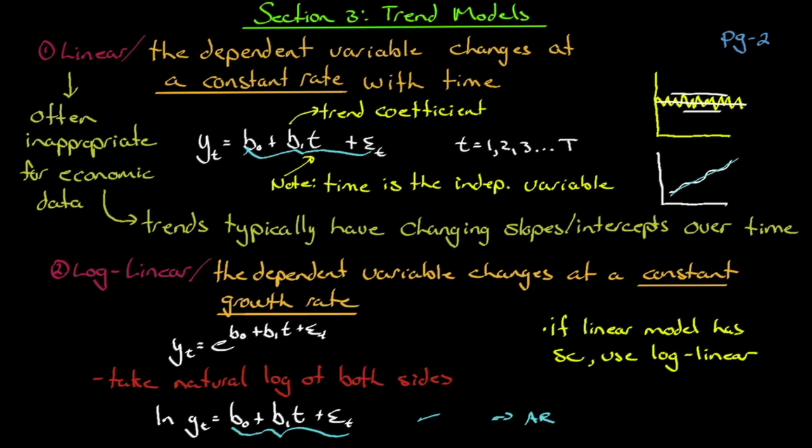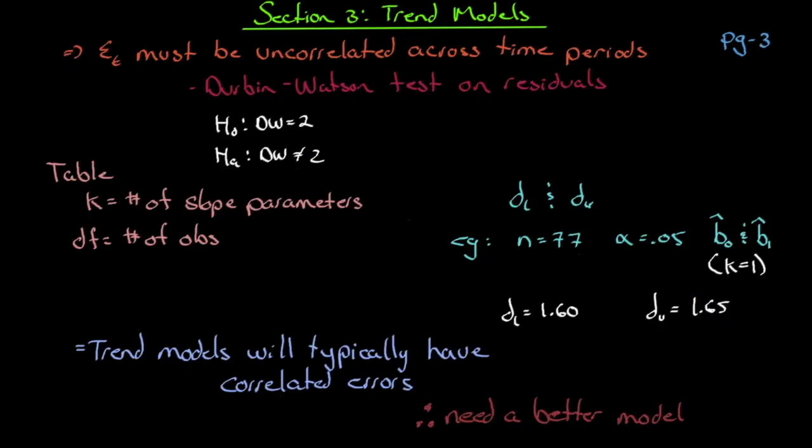So let's just have a look at how we would determine whether or not we have serial correlation. And you'll recall from the reading on multiple regression, we have a statistic for that, the DW statistic, Durbin-Watson. We have to have our error terms uncorrelated across time periods, and we can use the Durbin-Watson test on residuals for that.